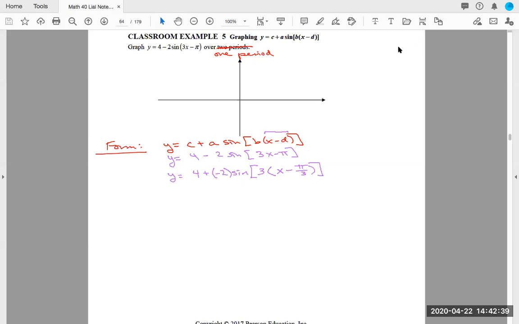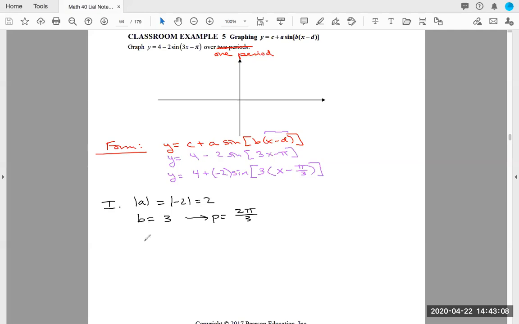So we can go ahead and start with step 1 from what we've done with the formatting. We have our amplitude as the absolute value of -2, which is 2. We have b as 3, which means our period is 2 pi over b, 2 pi over 3.